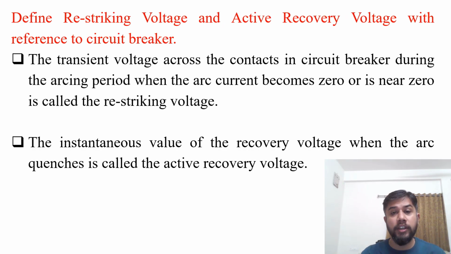Define restriking voltage and active recovery voltage with reference to circuit breaker. The transient voltage across the contacts of the circuit breaker, that is the transient momentary high value of the voltages, in the first 1 to 5 cycles or 1 to 8 cycles, during the arcing period when the arc current becomes 0 or near 0, is called restriking voltage.